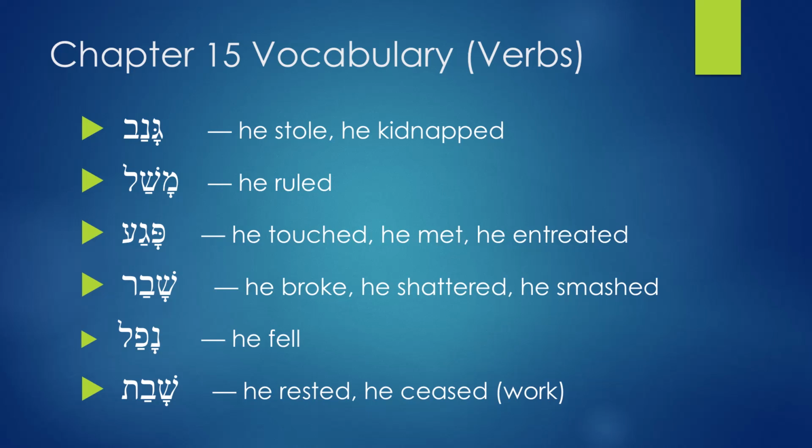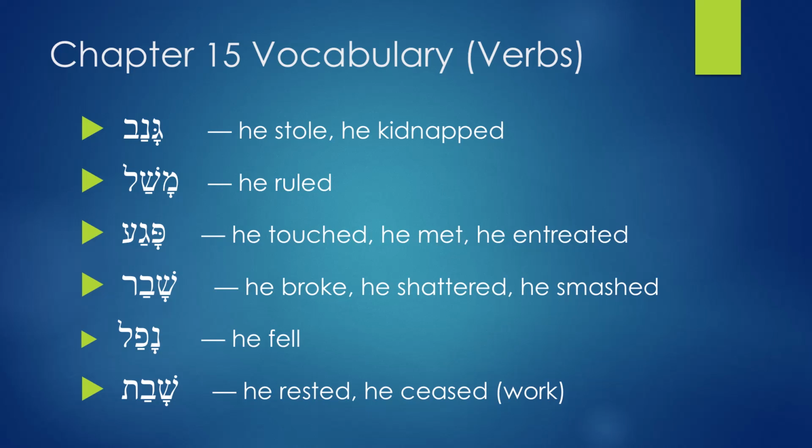This is the same as malach. Malach means he ruled. And then we have paga. Paga means he met or he touched. And then we have shavar. Shavar means he broke or he shattered.